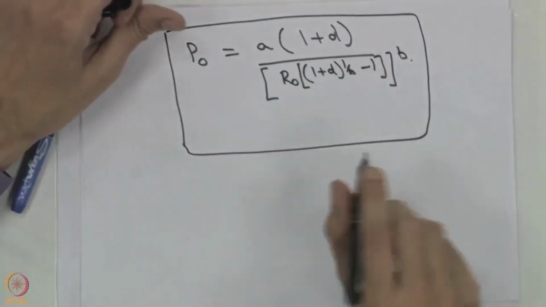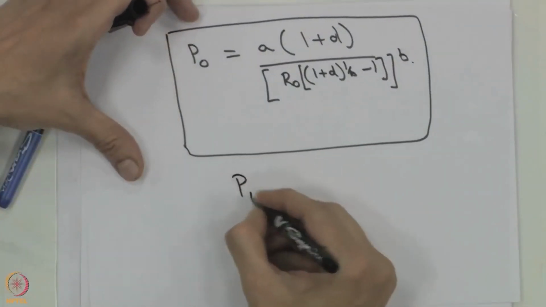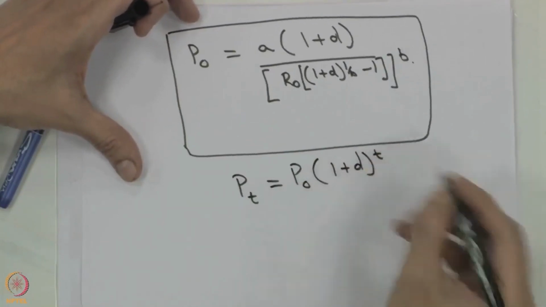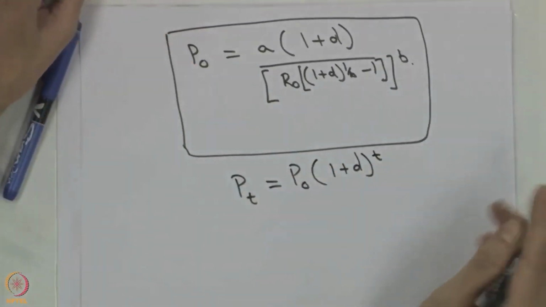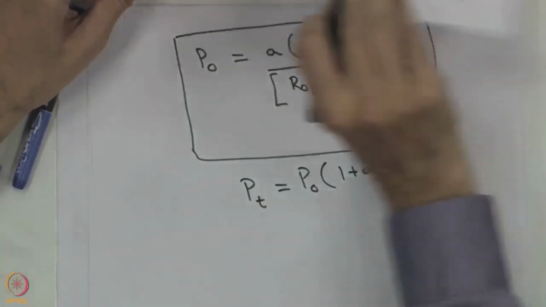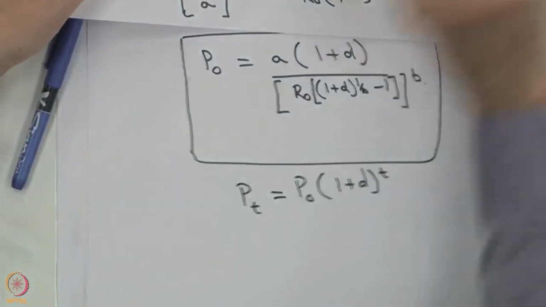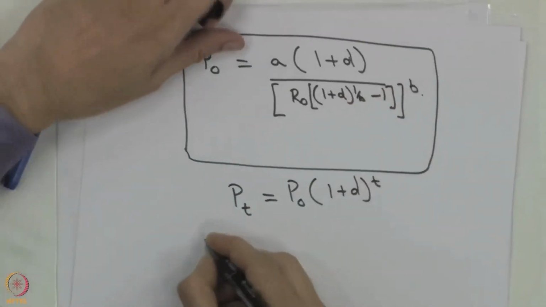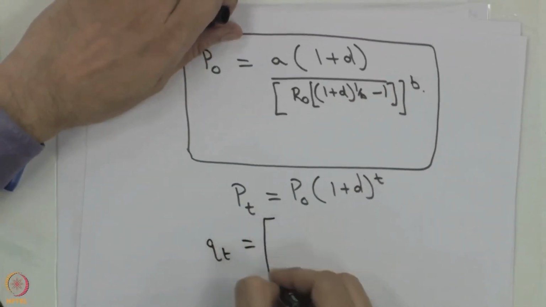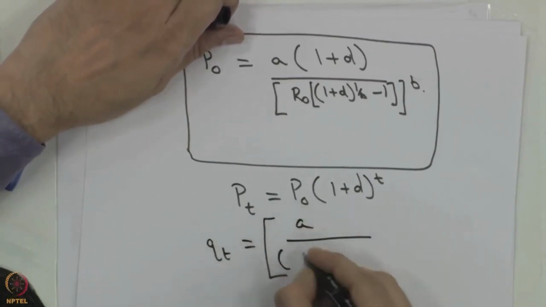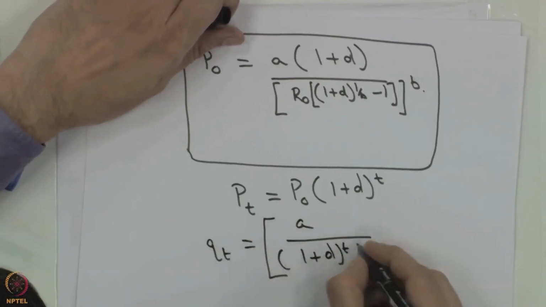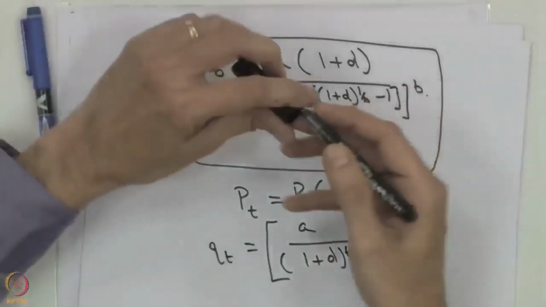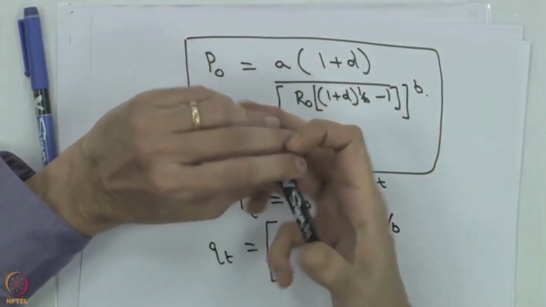So, once we know P0, we know that Pt is P0 1 plus D raised to T, we know what is Pt, and if you remember, we have already calculated what was Qt. Qt was... so, we can calculate at any point of time Qt.